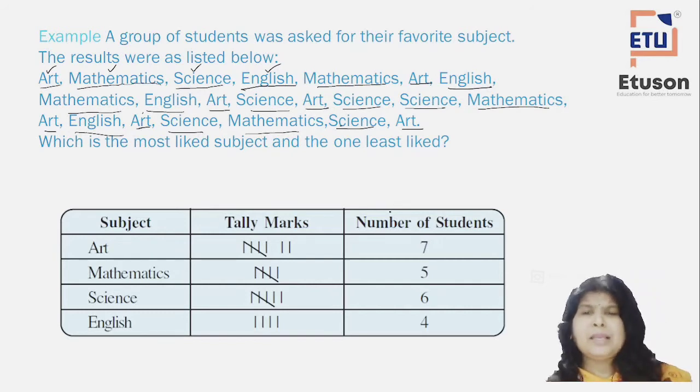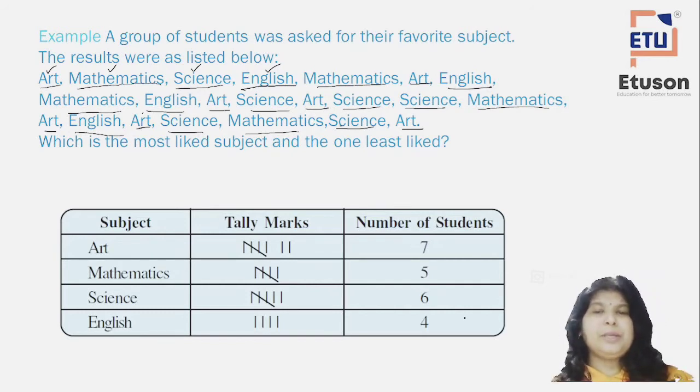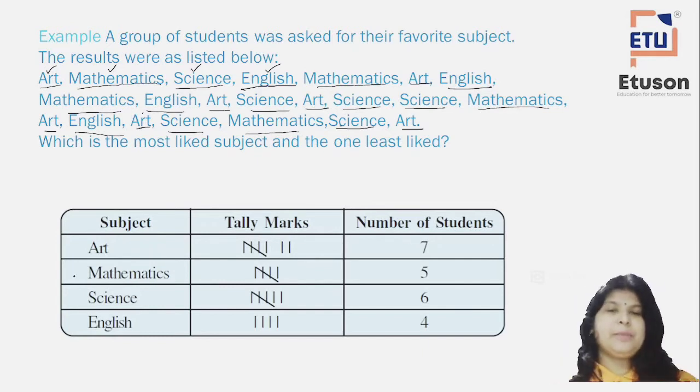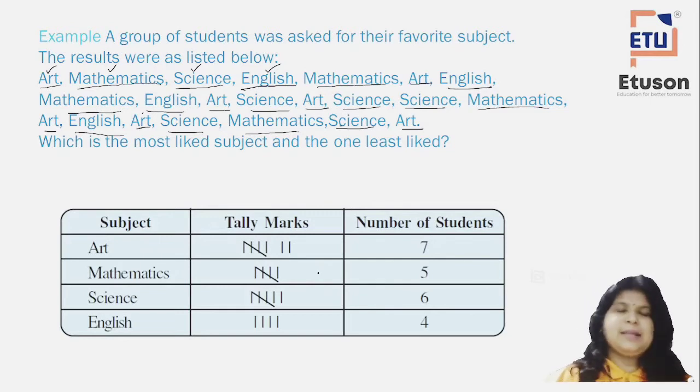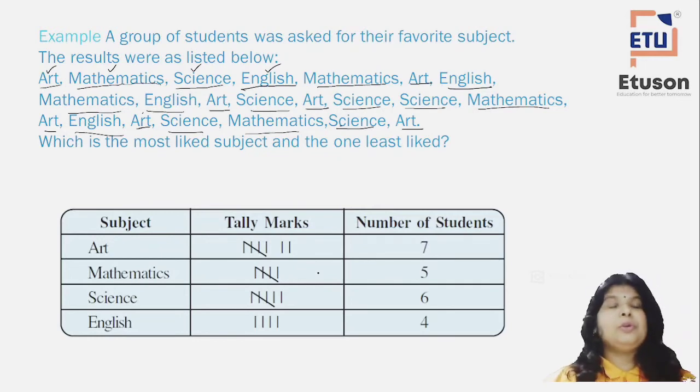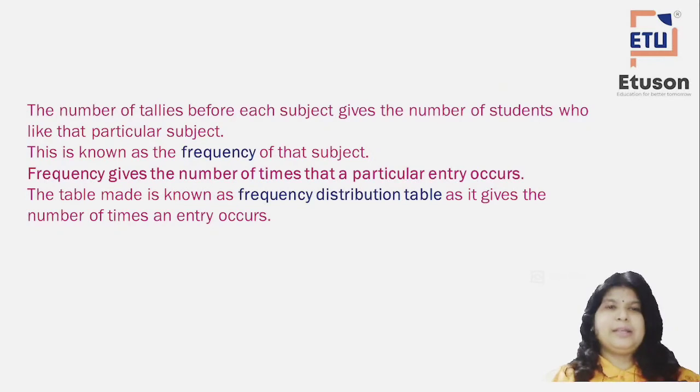So these are the number of students who opted for different subjects, and the lines you have drawn are called tally marks. Then let us understand the different terminology used for organizing the data. The number of tallies before each subject gives the number of students who like that particular subject.